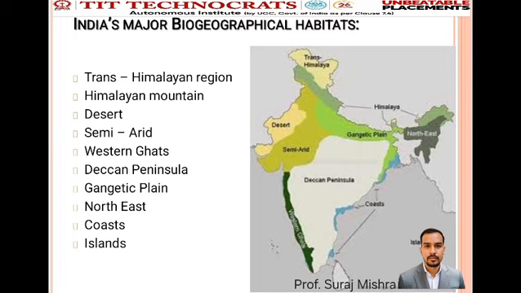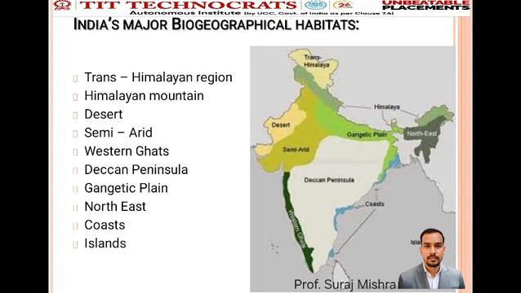Another is the Western Ghat region. The defining feature is the sloping area. It includes states such as Kerala, Tamil Nadu, Karnataka, Goa, Maharashtra, and Gujarat. Evergreen forests are found here, and these forests receive heavy rainfall throughout the year.